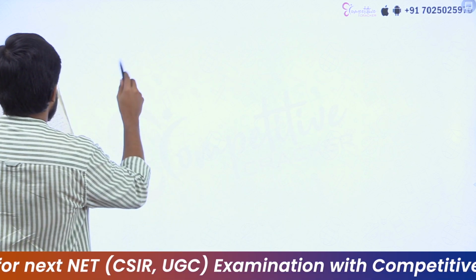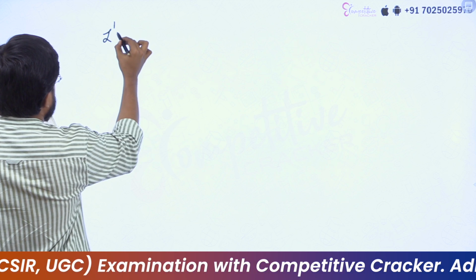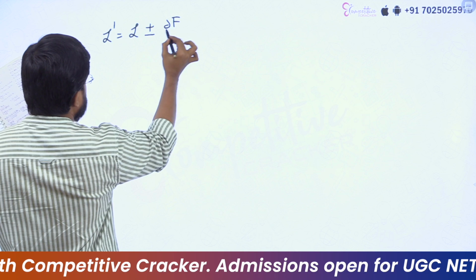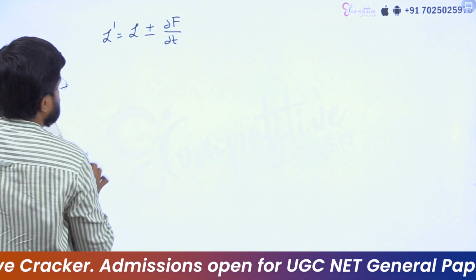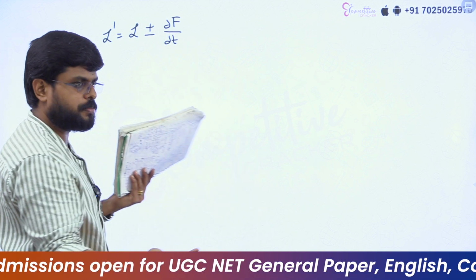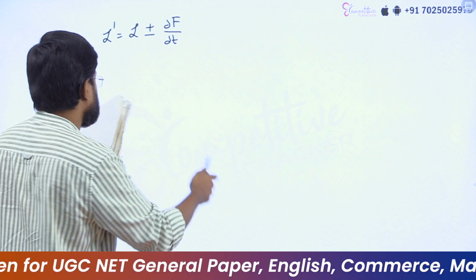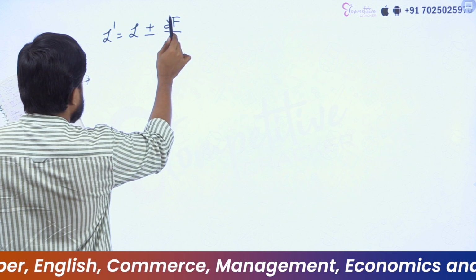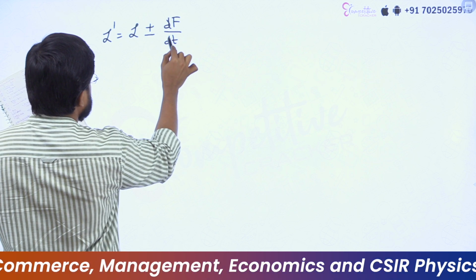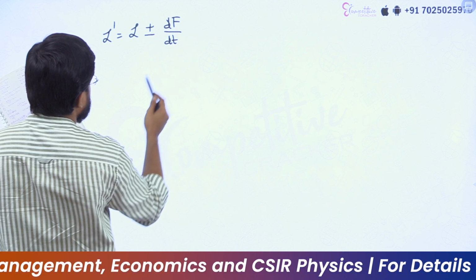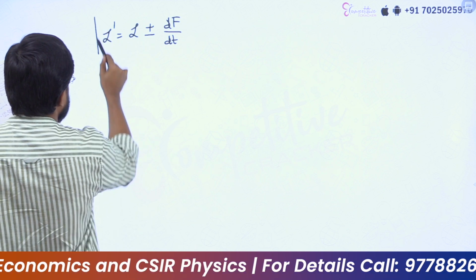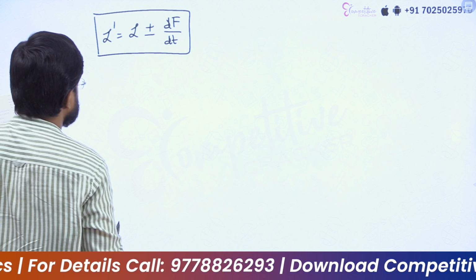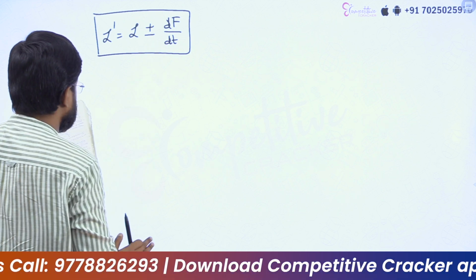See, that means the Lagrangian is invariant under the addition of a total time derivative of a function. Addition means it can be subtraction also, subtraction is a negative addition, so it is the same. L prime is equal to L plus or minus df by dt.